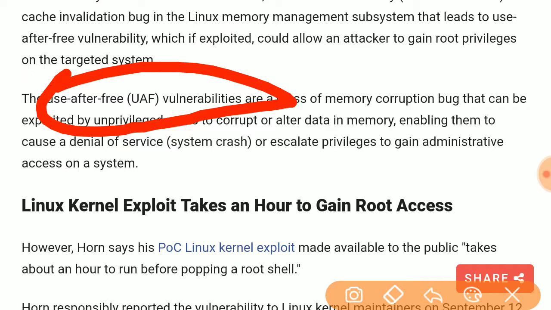Once that pointer is freed by the CPU, the hacker tries to exploit that pointer, and this pointer starts pointing towards invalid data, and either that invalid data is malicious or it is null.